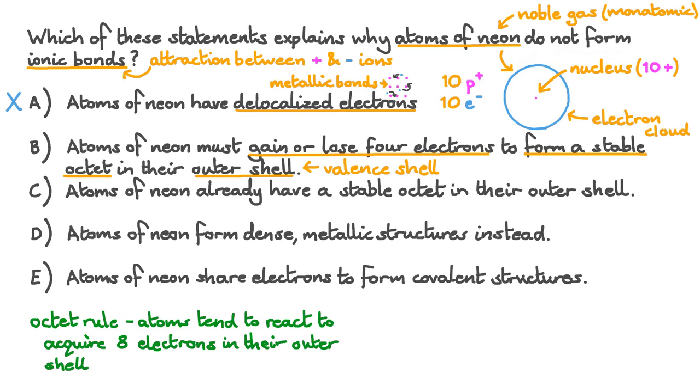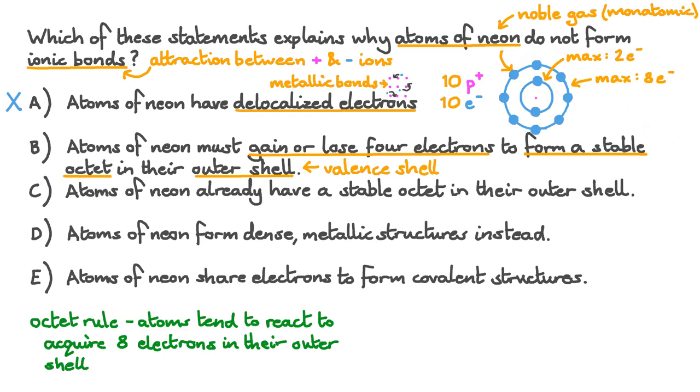To continue with this, we need to put the electrons in our neon atom into their shells. The first electron shell can fit a maximum of 2 electrons, leaving us with 8. And the second electron shell can fit all those 8 electrons and no more. So we've accounted for the locations of all 10 electrons.